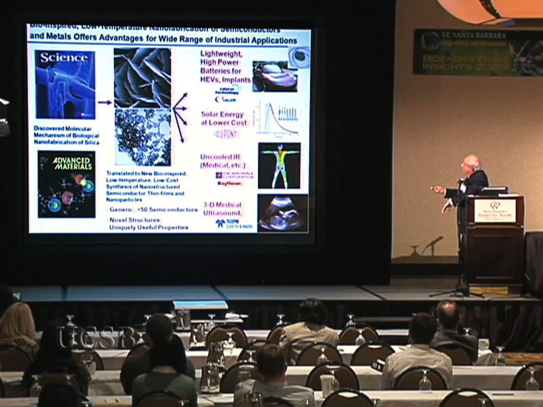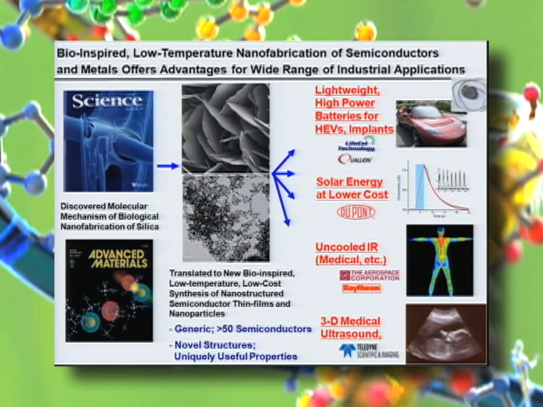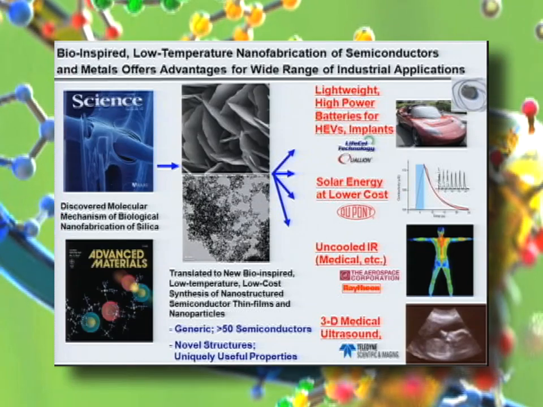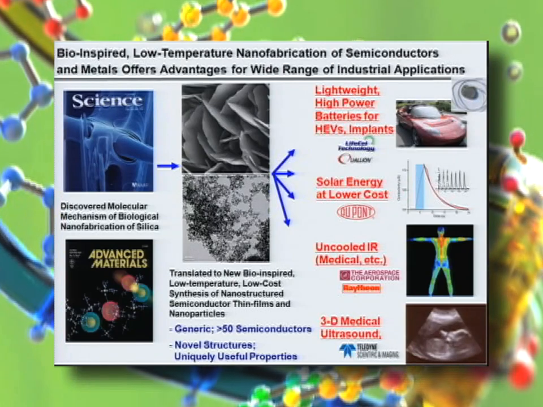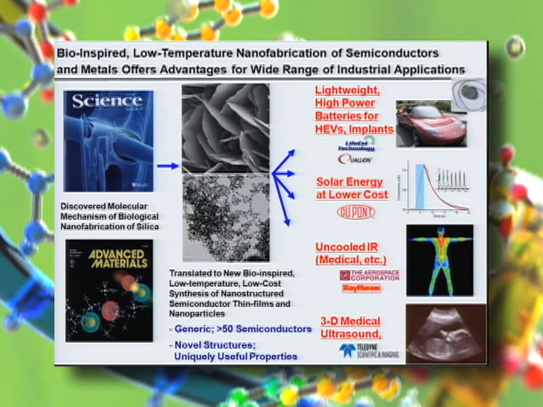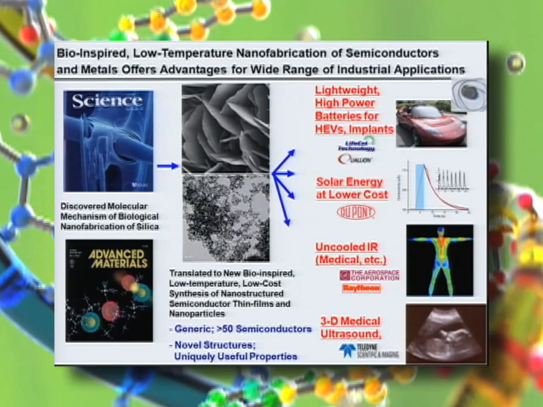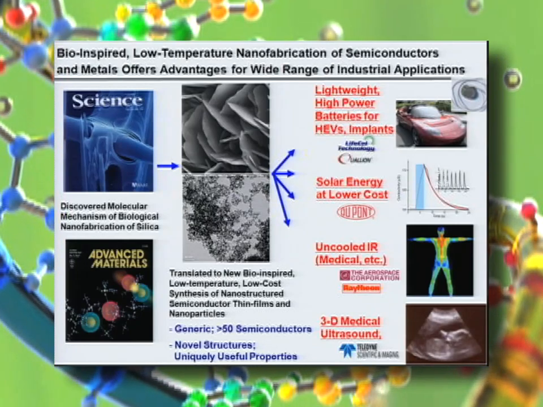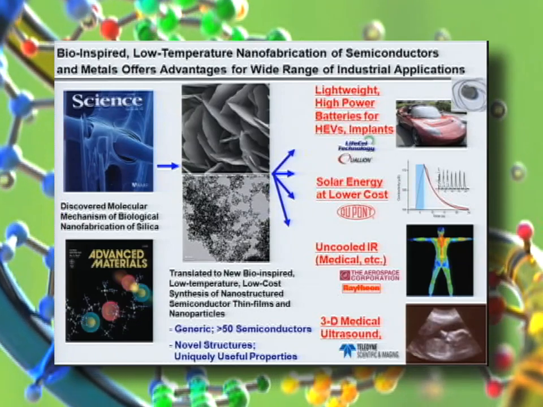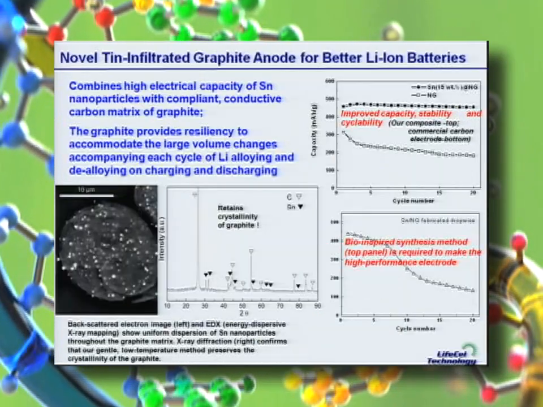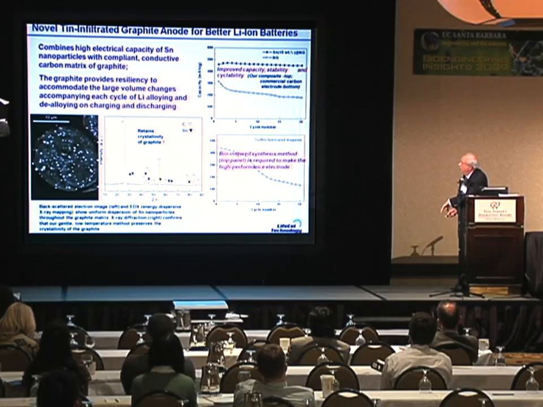And so with industry partners, we're pursuing a number of potential applications ranging from lightweight high-power batteries for high-power hybrid electric vehicles and medical implants, solar energy at lower cost, uncooled infrared for medical diagnostics and other applications, and 3D medical ultrasound. And let me just tell you in the few remaining minutes of a few of those of our recent progress.